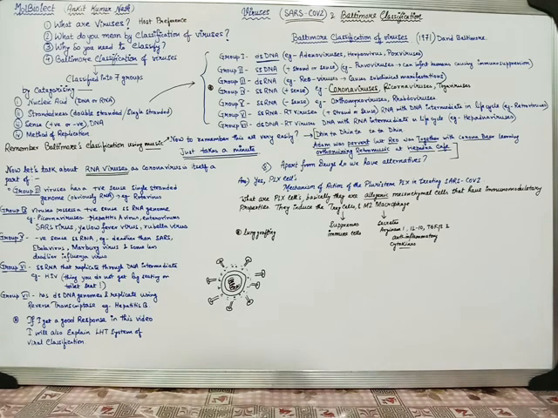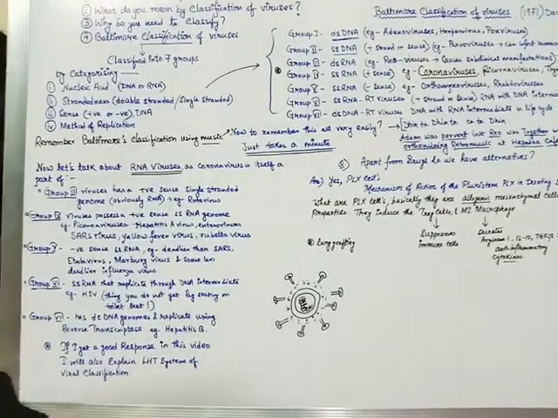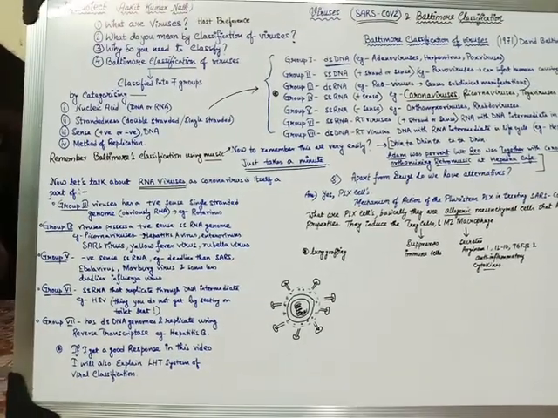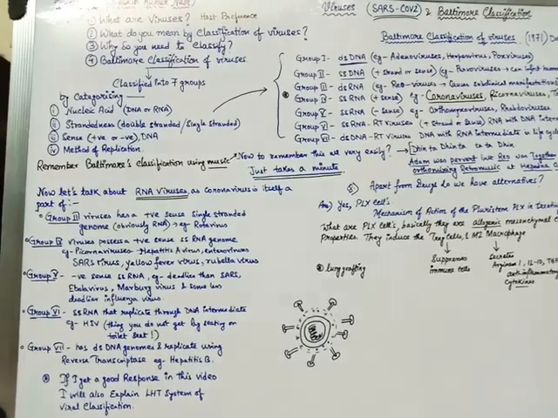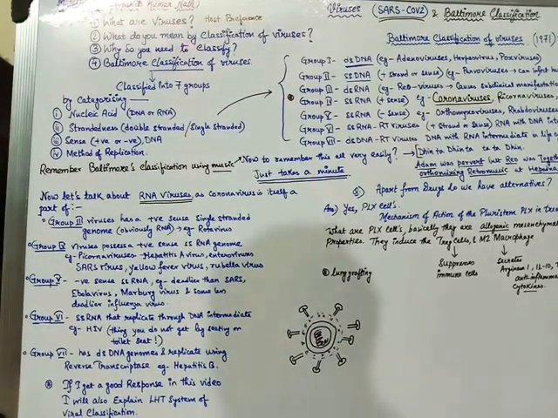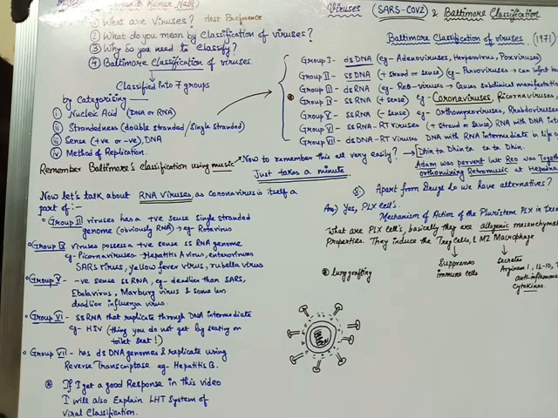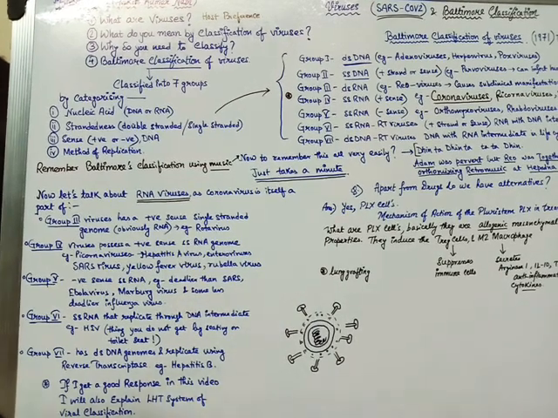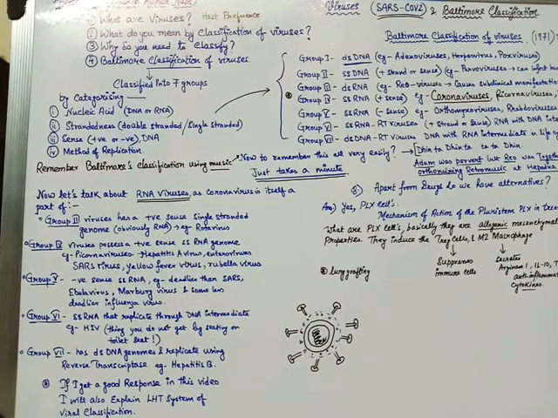So let's start with the first portion of our video, which deals with what viruses are. Viruses are basically submicroscopic particles, meaning they are not visible in a light microscope.